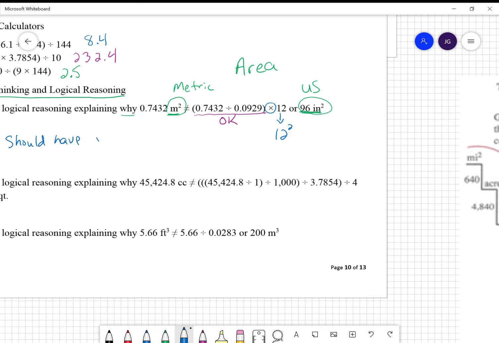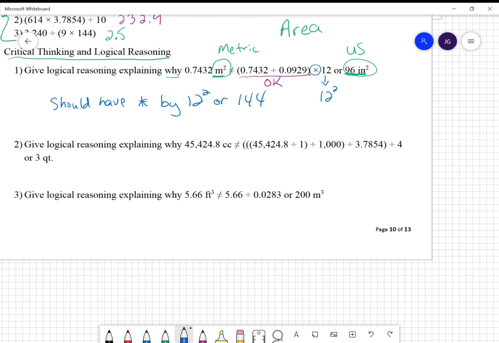Should have multiplied by 12 squared, or 144, because we're dealing with area, so it's not just 12, it's 12 squared. Okay, so I could have solved it the other way, but I wasn't trying to solve it. I was trying to explain what the error was.